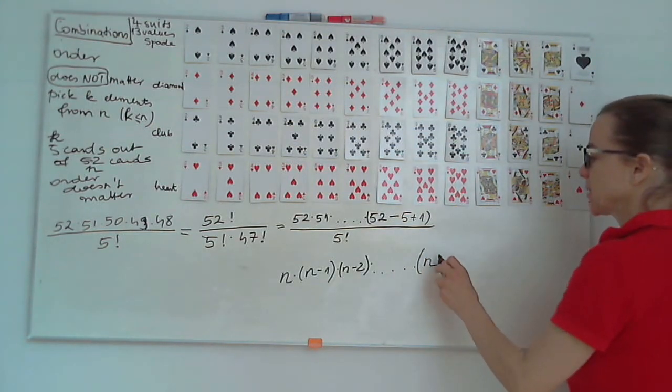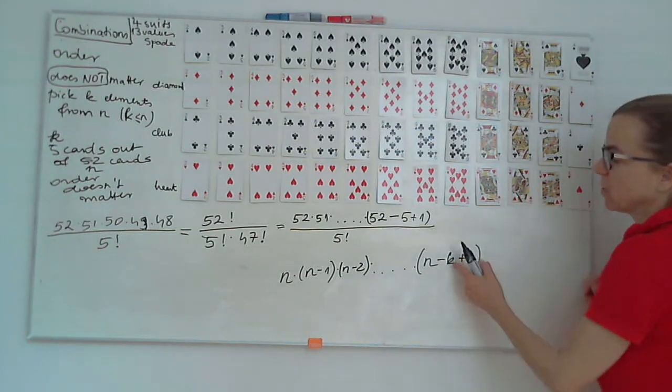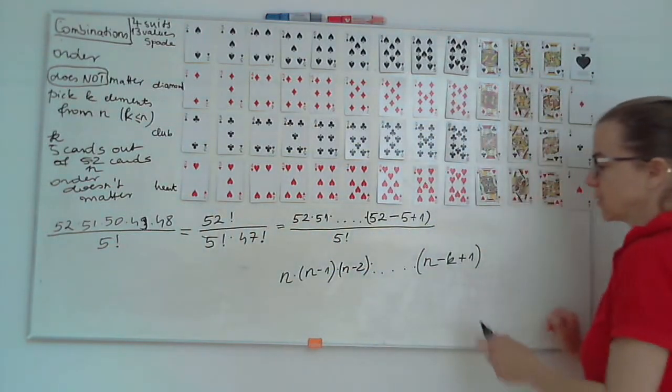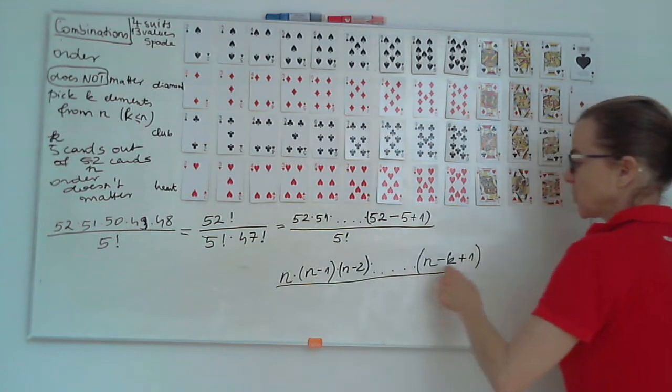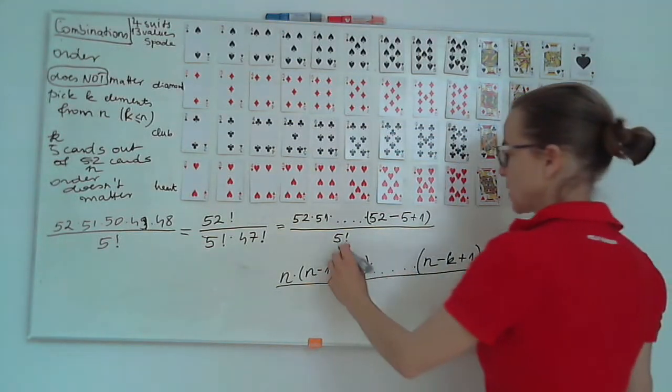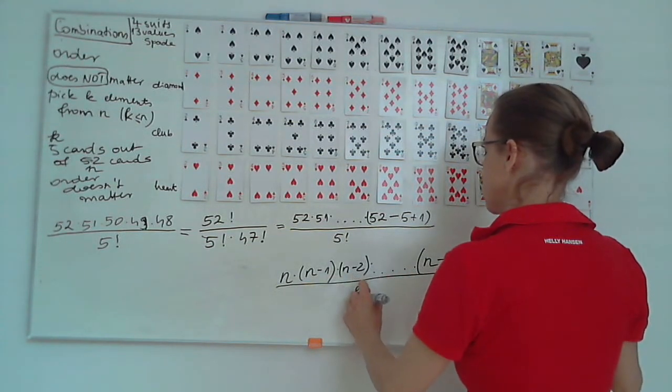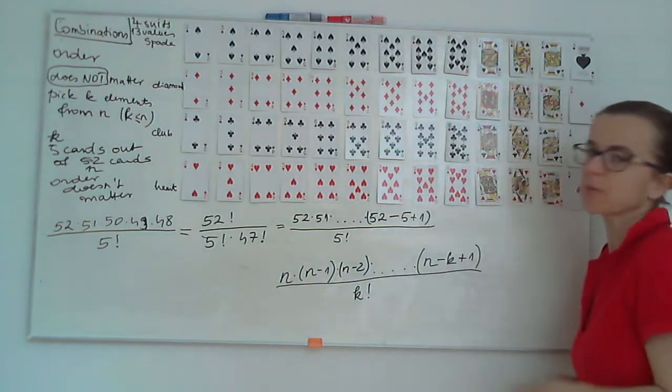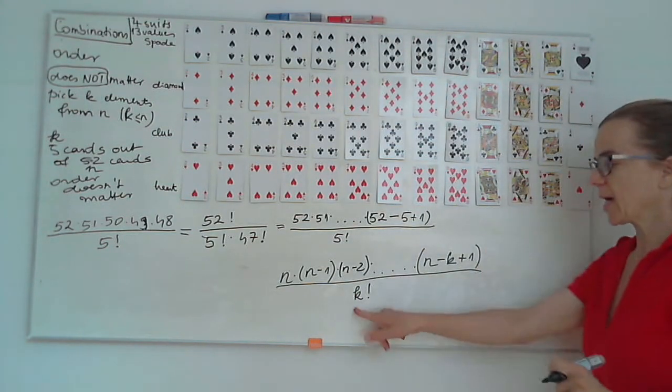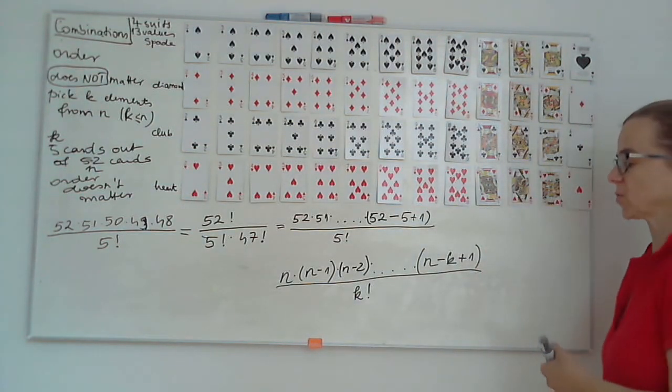So my last number to multiply is going to be N minus K plus 1, which was the number 48 there. And then I'm going to divide this product by the possible ordering of my K elements, because I'm not interested in order, and that's going to be K factorial.